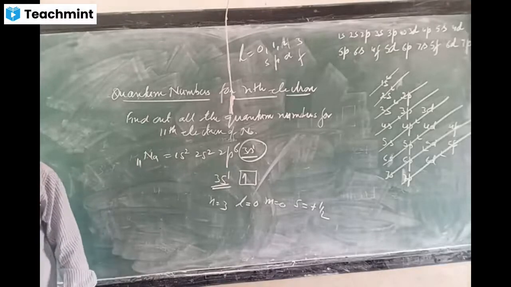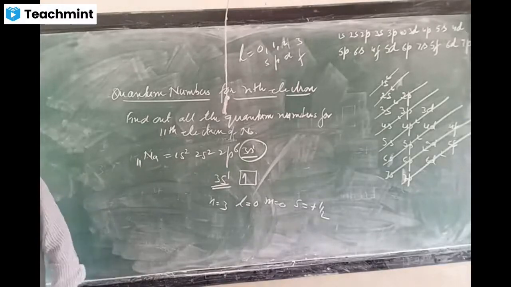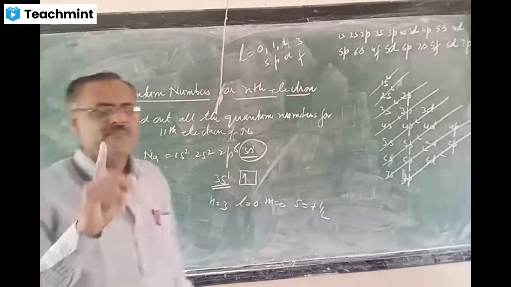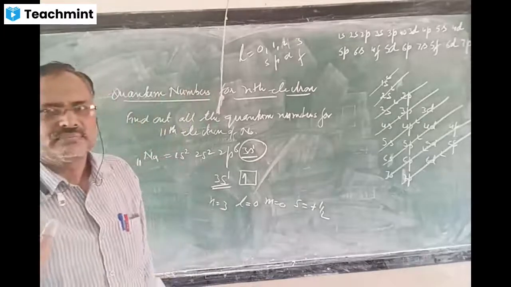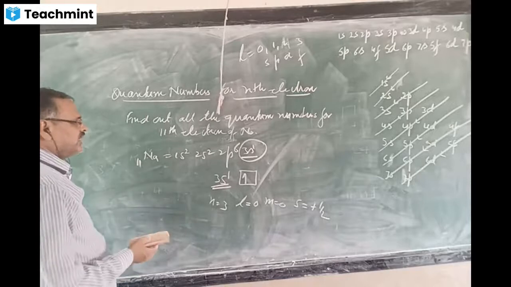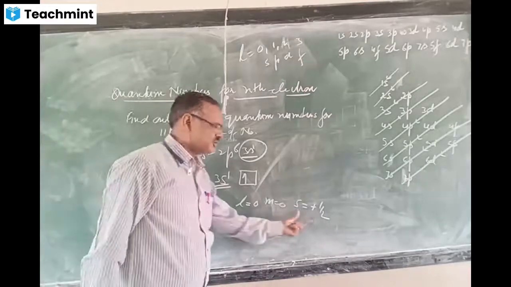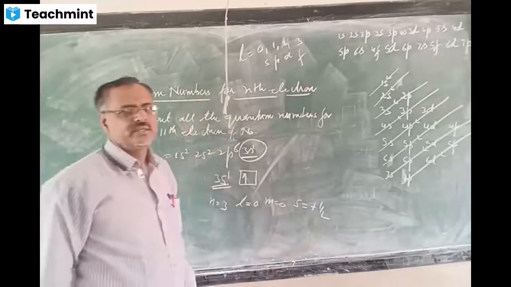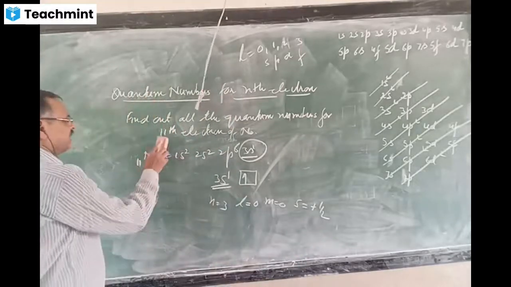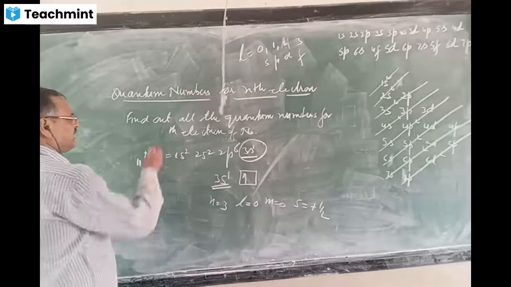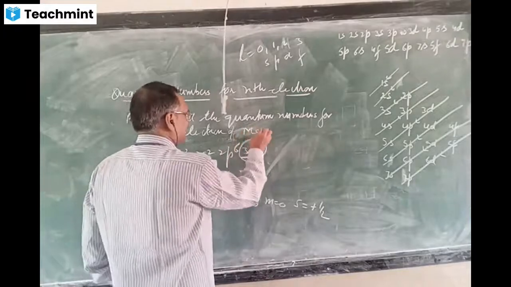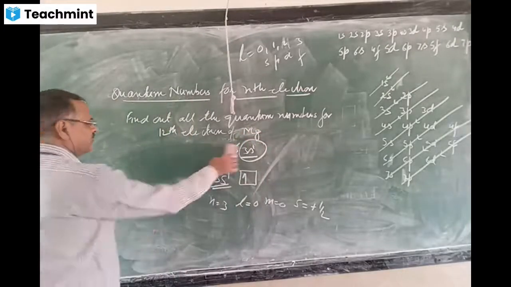You can take minus half, but I have given you plus half for the first one and minus half for the second one. In the exam you can write either plus half or minus half, but I suggest you better write plus half only. Why go unnecessarily? First clockwise we consider. Now the next one is the 12th electron, for magnesium. Just see, now your doubt will be clear.